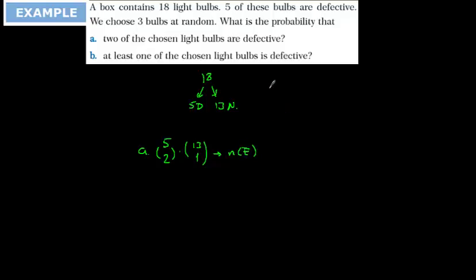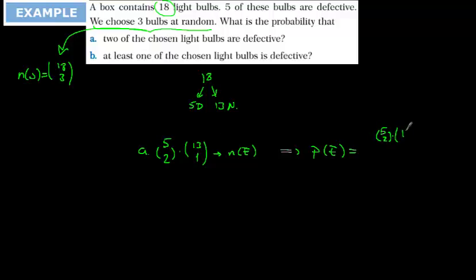But when we choose 3 light bulbs at random, totally there are 18 light bulbs, so we are choosing 3 of them from 18. This is the NS, and the probability of the event is NE over NS, which is equal to 5 with 2 times 13 with 1 over 18 with 3.